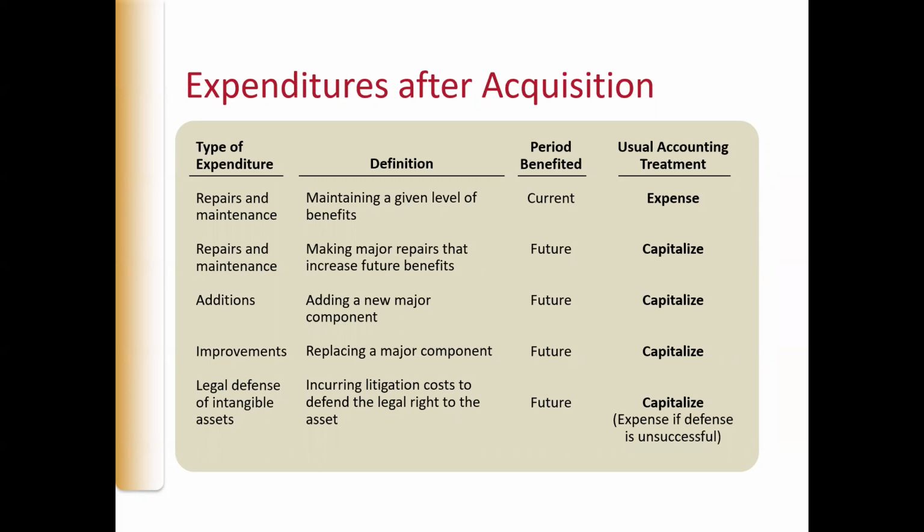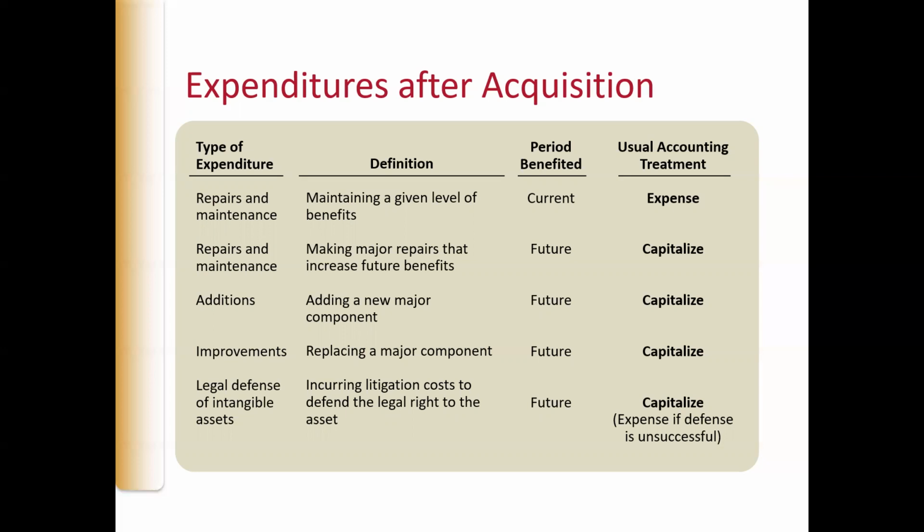If we have new components or replacing new components that are going to allow it to have an additional life or expand their capabilities, we're going to capitalize that. Now, a legal defense of intangible assets, if it helps future periods, we're going to capitalize it.